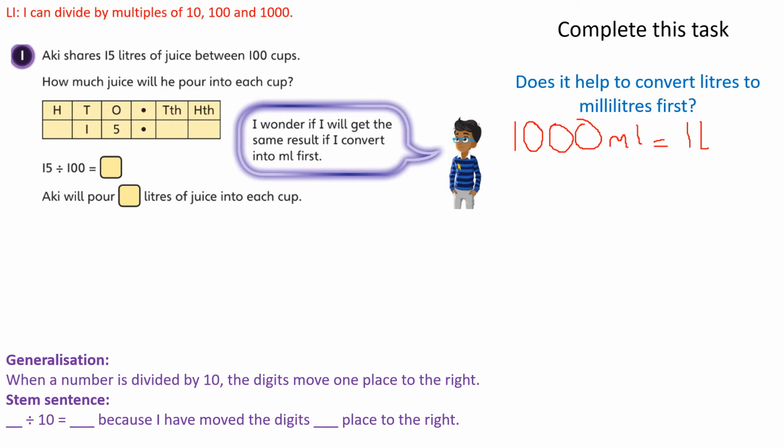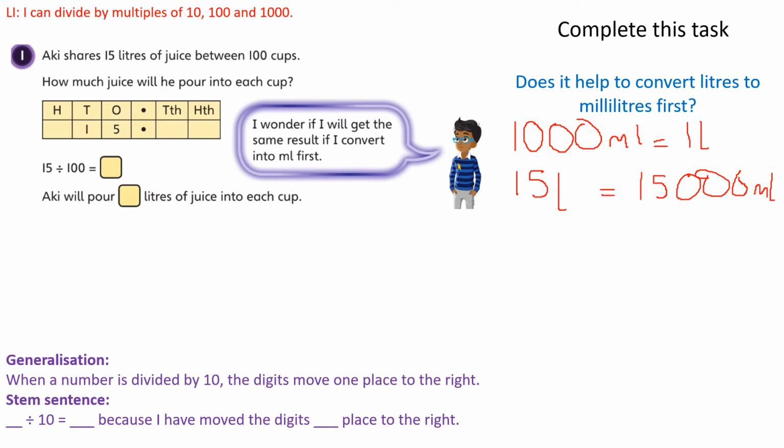So if I've got 15 litres, that would be the same as 15,000 millilitres.